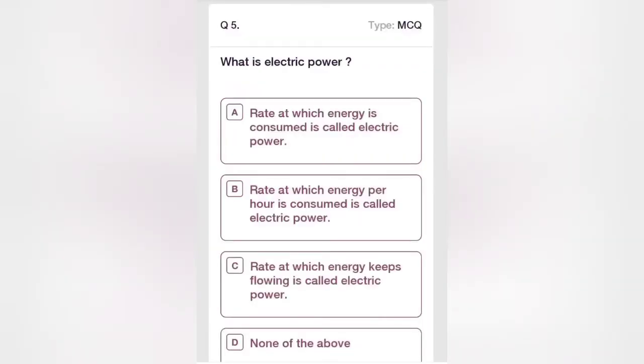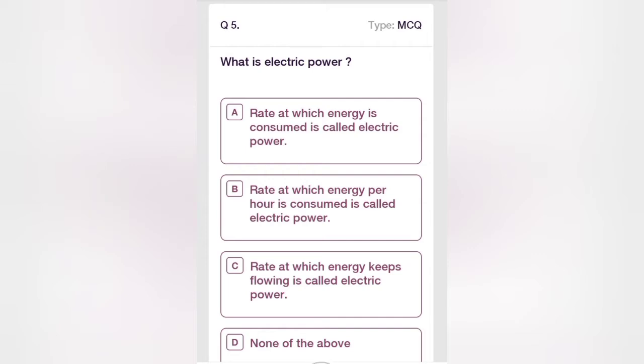What is electric power? Option A: rate at which energy is consumed is called electric power. Option B: rate at which energy per hour is consumed is called electric power. Option C: rate at which energy keeps flowing is called electric power. Option D: none of the above.